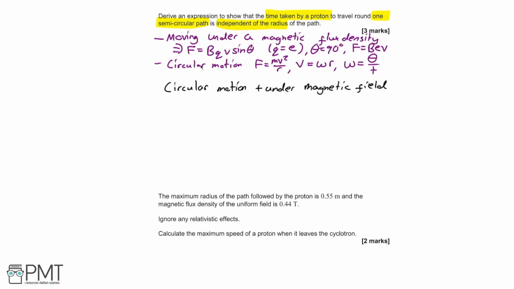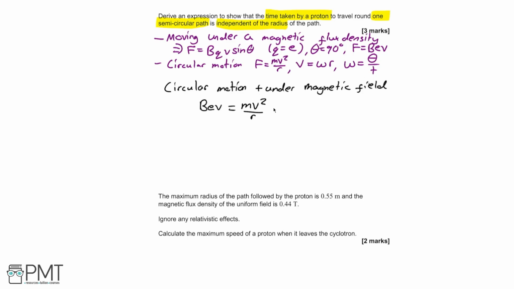So we chose this because we wanted to incorporate the fact that we have the magnetic flux density B. So we can use that BEV is equal to mv squared divided by r. So the bit on the left comes from the motion under a magnetic field, and the bit on the right comes from the centripetal force.